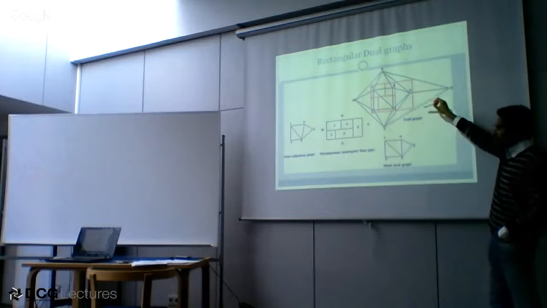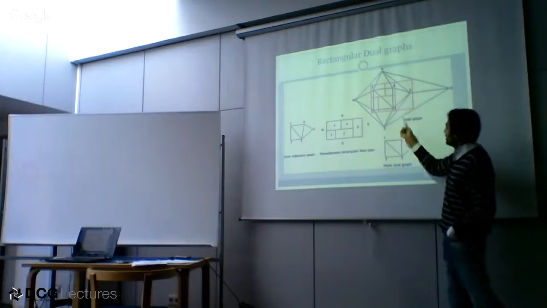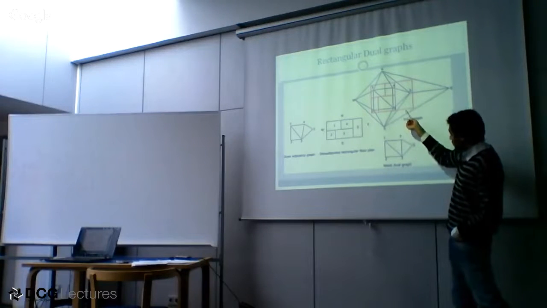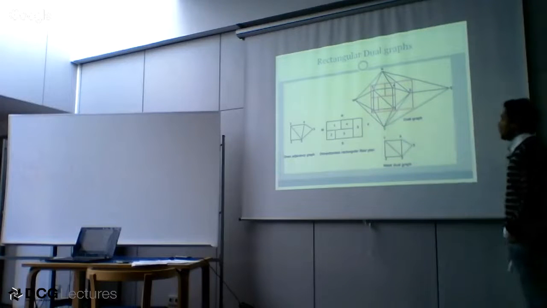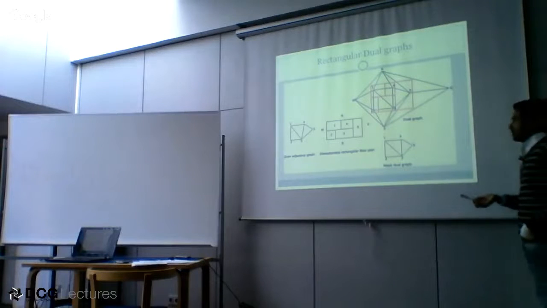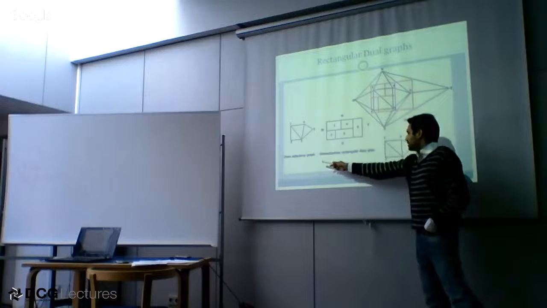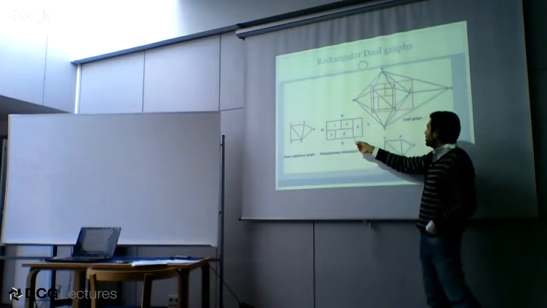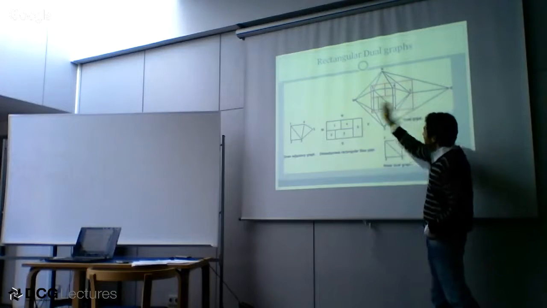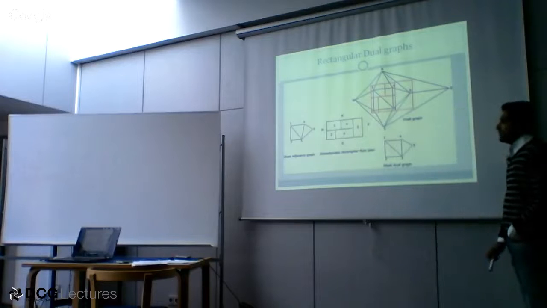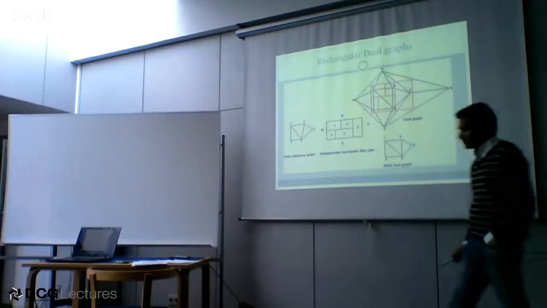If I do that, then I can again generate the required floor plan from the dual graph. So adjacency graph, floor plan, dual graph, and from the dual graph I can again go back to the rectangular floor plan.